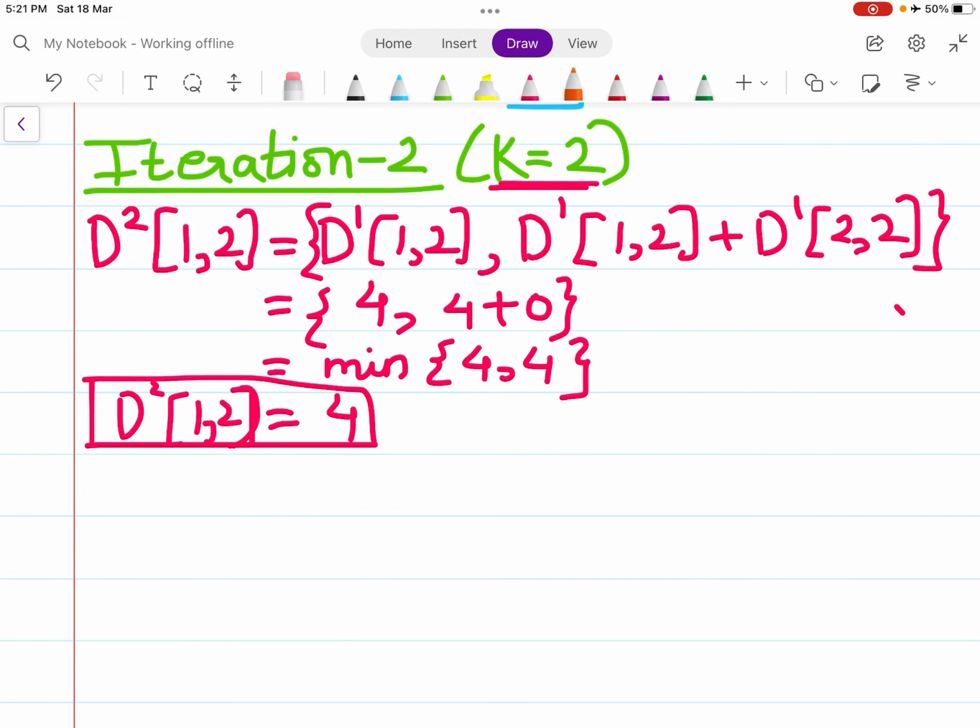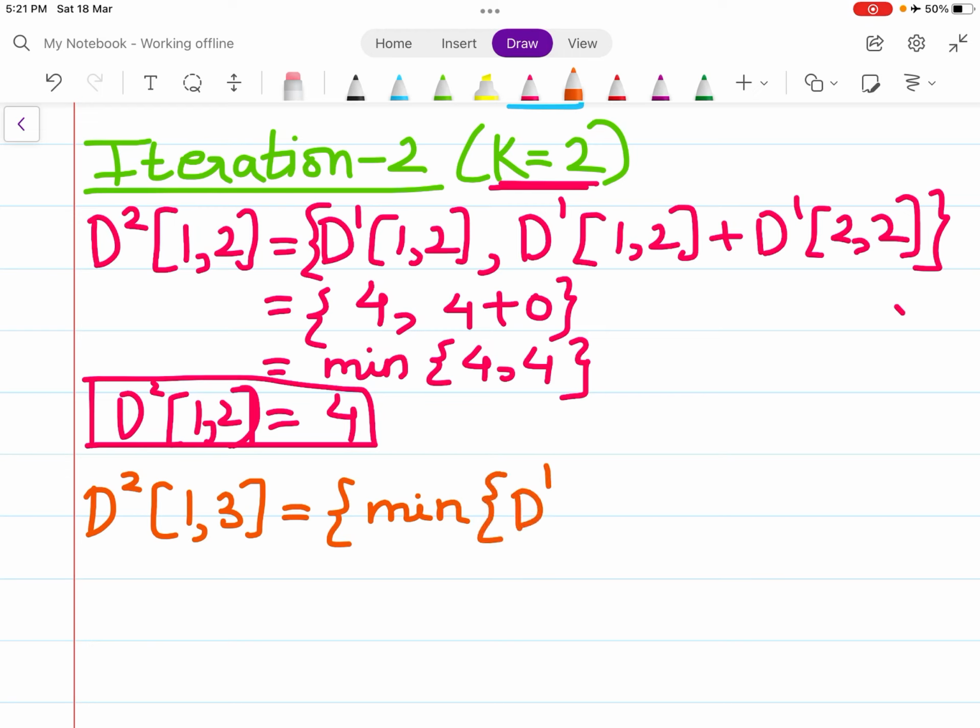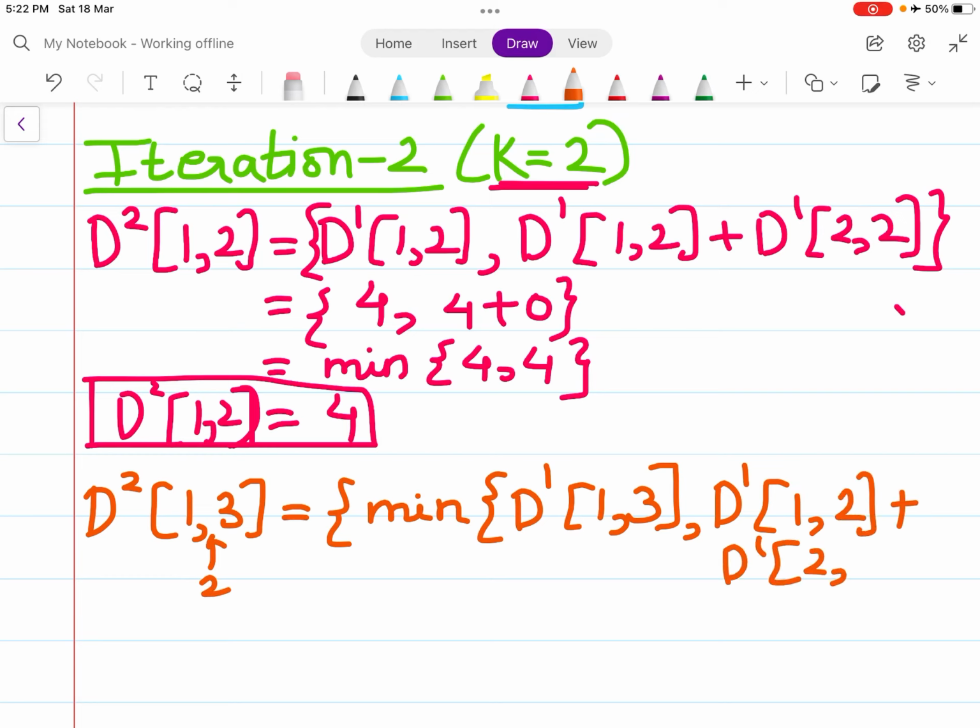After 1,2, d2 of 1,3 will be the minimum of d1 of 1,3 and d1 of 1,2, with 2 in the middle, plus d1 of 2,3.